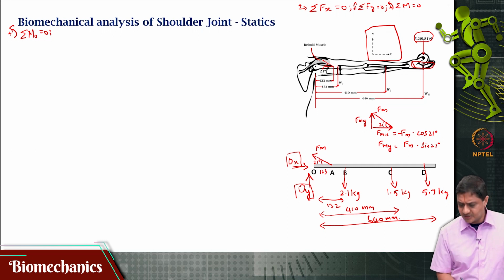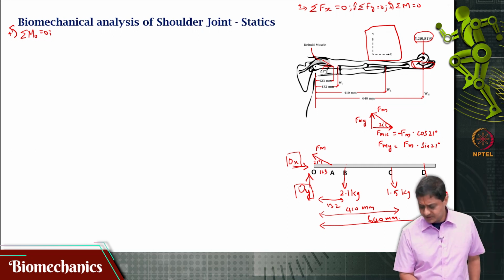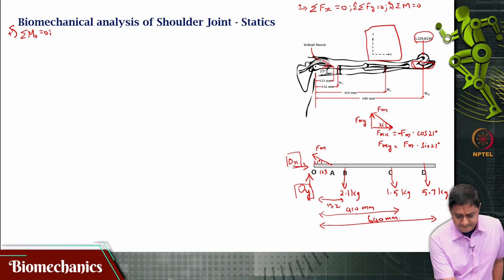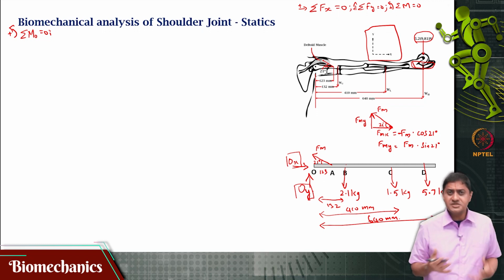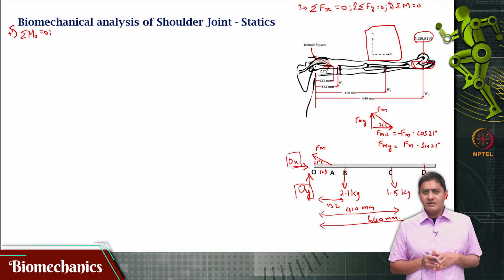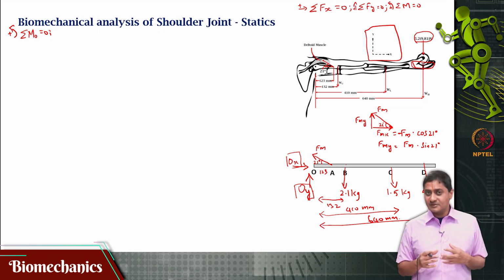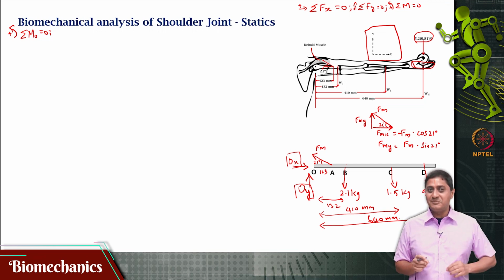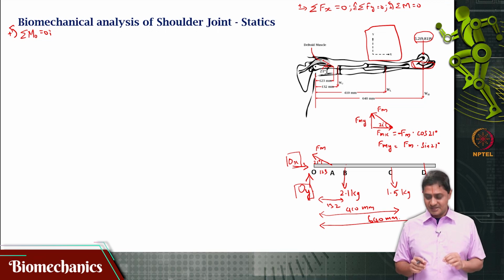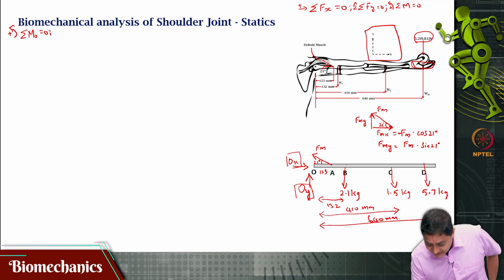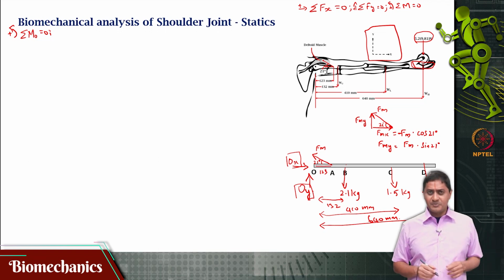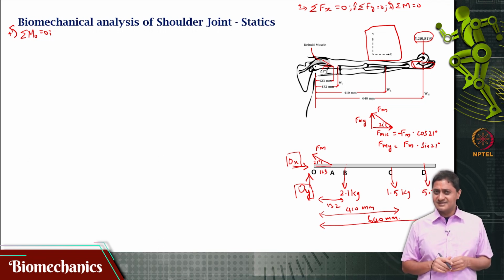Let us try and write this out so that it is a bit clear for us. A question that comes is, will the x component of this have a moment? Will this cause a moment? That is a question that we will have to come to, but for completeness it makes sense for me to write this out. I know that immediately because this x component is acting along O, it will probably not cause a moment.